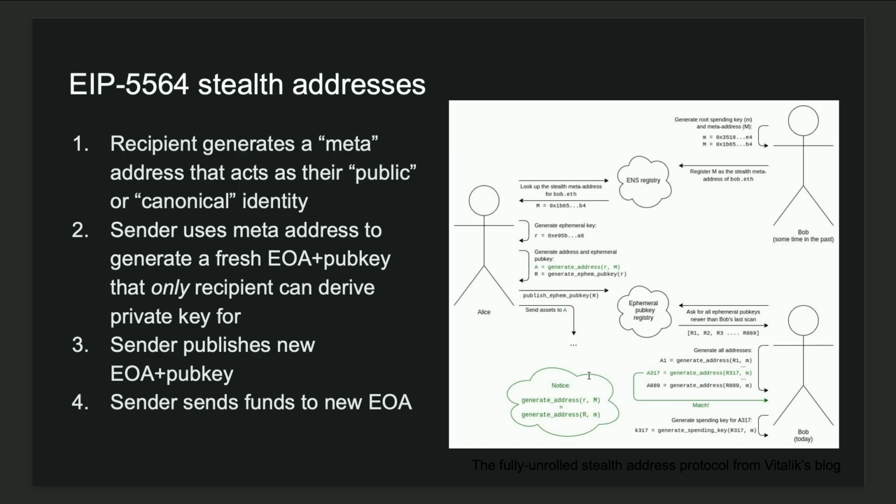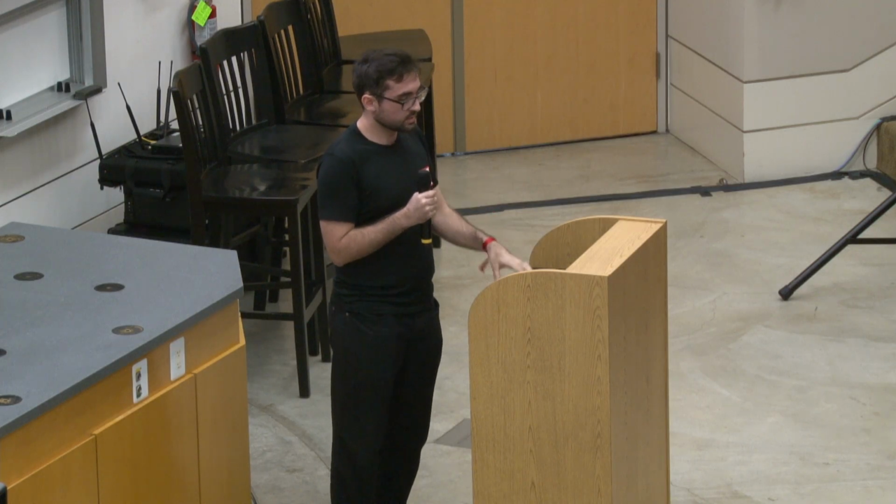This is actually really cool because it gets around the need to explicitly interact with the recipient when you are sending funds. And it actually solves some other UX problems that are adjacent to that.